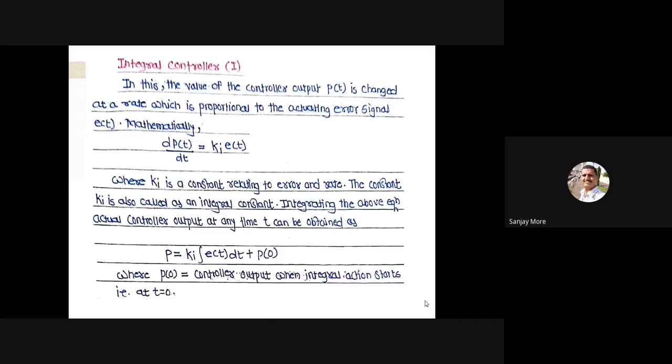Integral action starts when you give feedback or input to the controller, so t is equal to 0 is the starting stage of the controller.